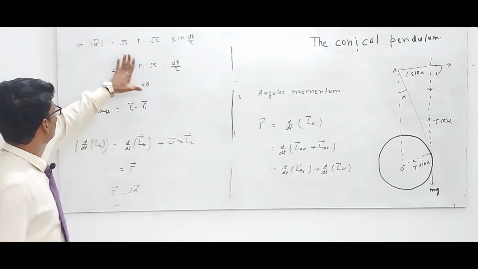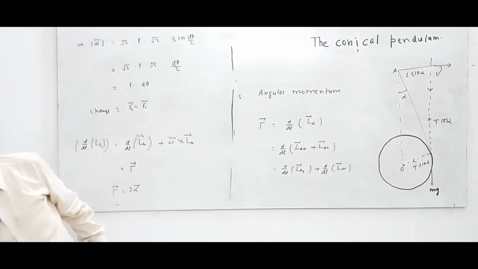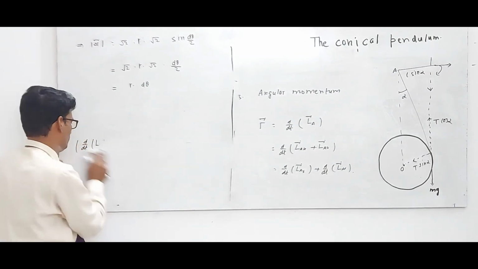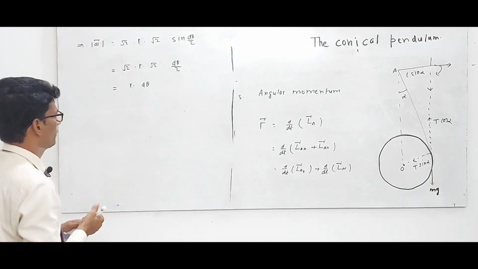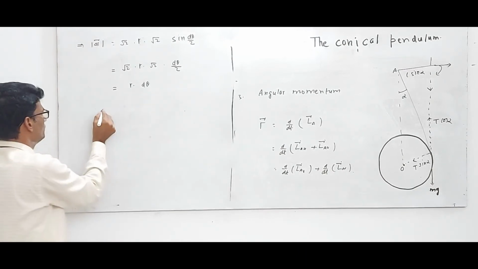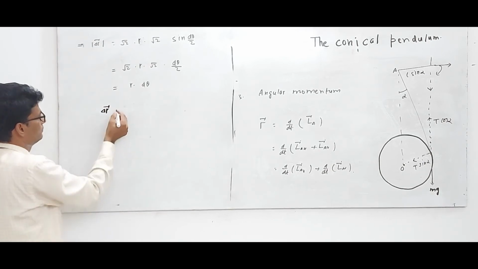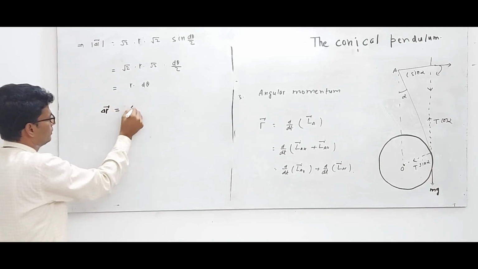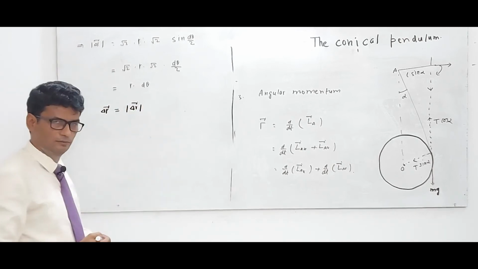Now look at here, this is the magnitude of delta r. So we want to write it firstly in terms of its vector. Delta r vector comes out to be delta r magnitude times a unit vector.